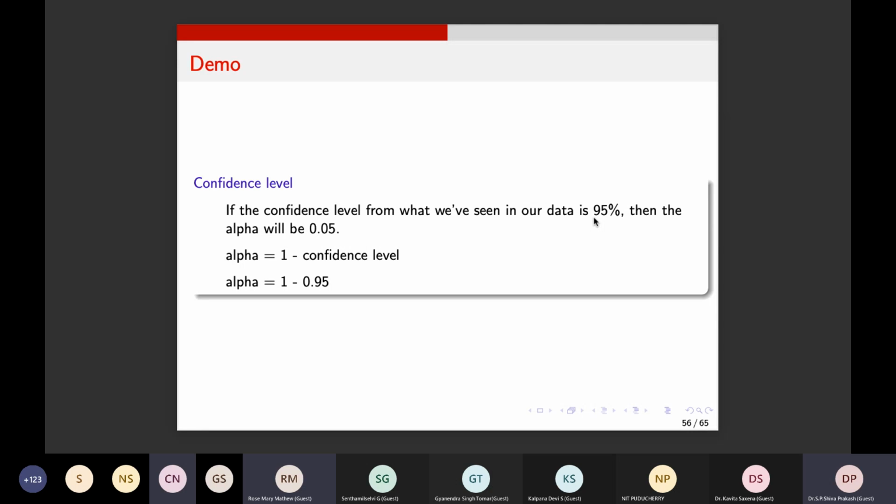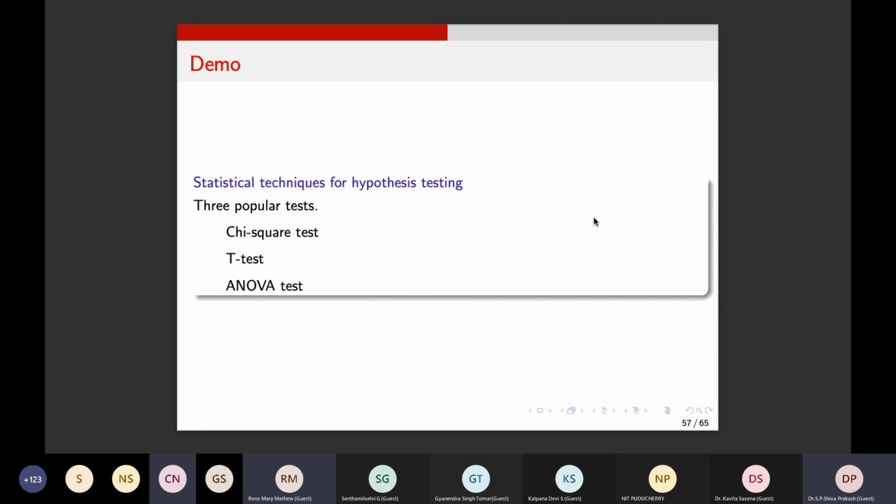So 0.05, right? And for statistical techniques for hypothesis testing, three popular tests are there: the chi-square test, the t-test, and the ANOVA test, right?